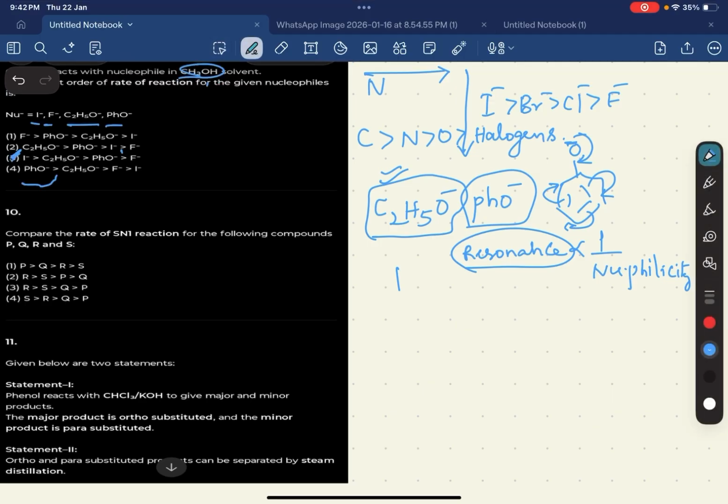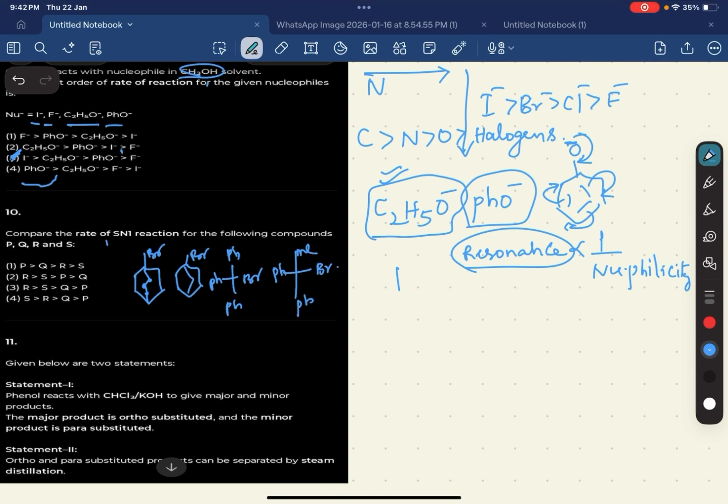Coming to next, compare the rate of SN1 reaction for the following compounds. So here the compounds are not given, so I am writing them here. Over this two carbons are there, Br, this is P and this is Q, and Ph, Br, this is next R, and Ph, Me and Br.